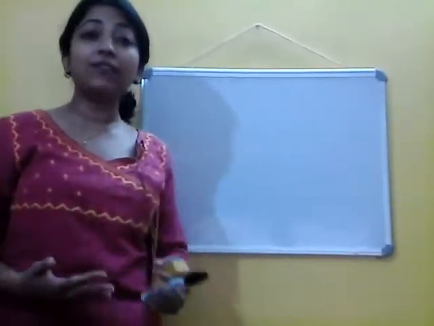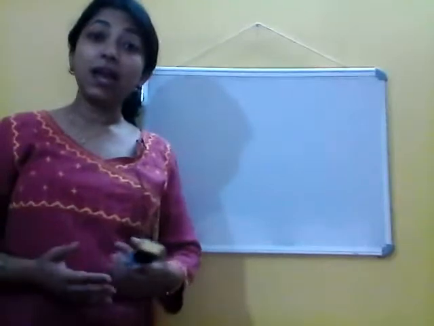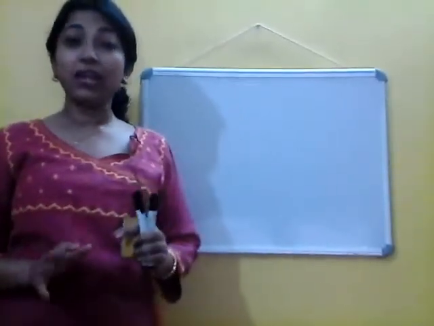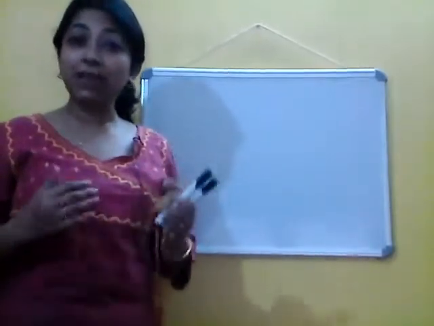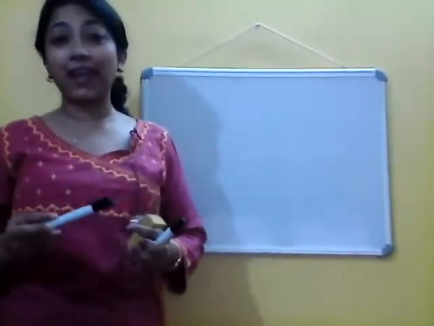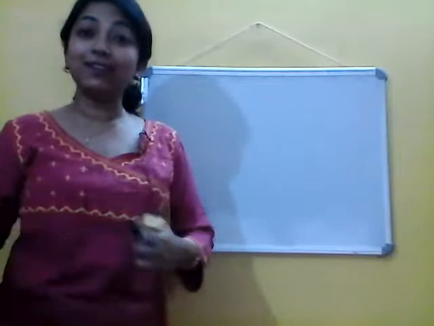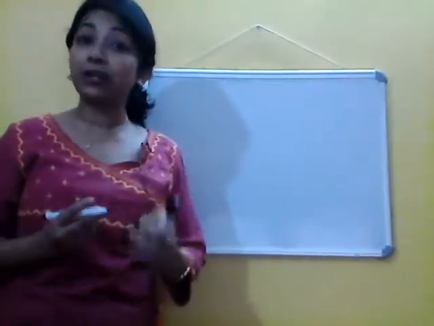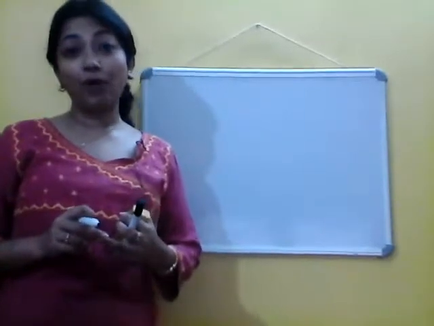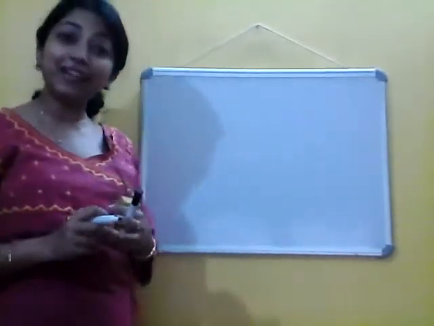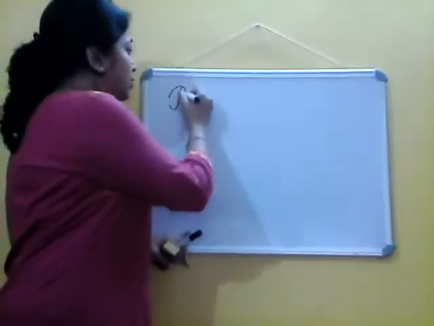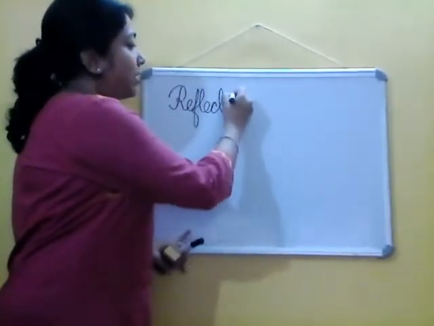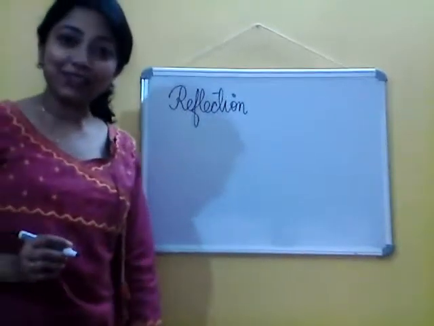They are not man-made. Under these methods, the first method which I would like to discuss is the method of reflection, which means we can polarize light with the help of the phenomenon of reflection of light. So the first thing we are going to discuss is polarization by reflection.